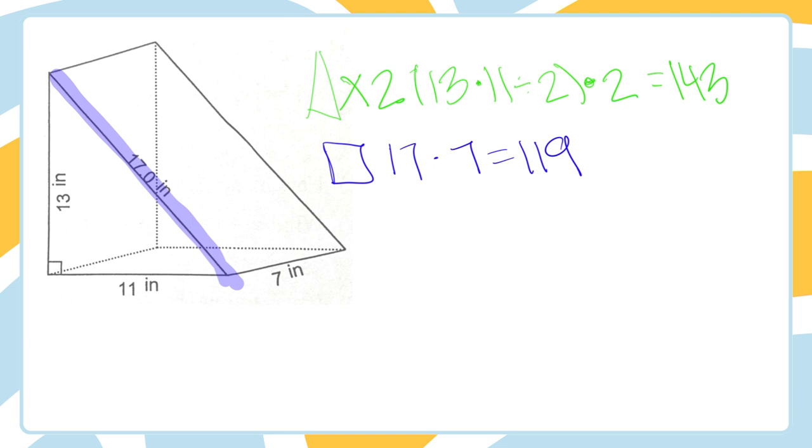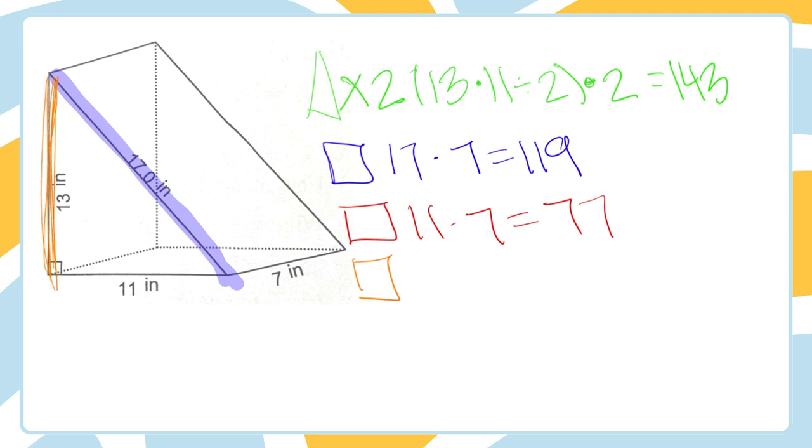And then I did my red square, and I got 11 times 7 is 77. And I did my last little square, this one. So that one is 13 times 7 is 91.